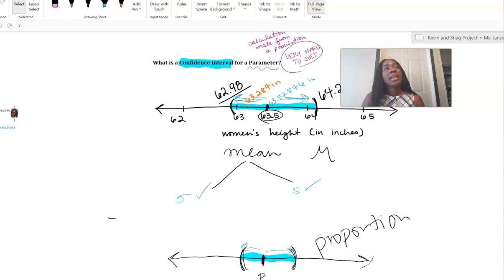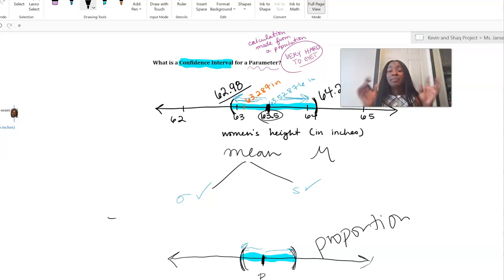We can be, as I'm sure you would imagine, more confident if you have a better point estimate. So if you are starting at the best place in the middle before you start giving yourself a little bit of wiggle room, then you can be more confident.